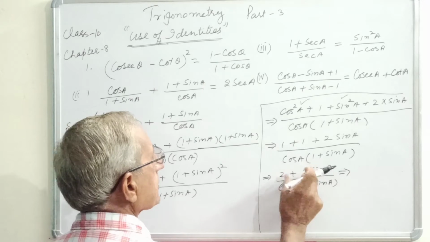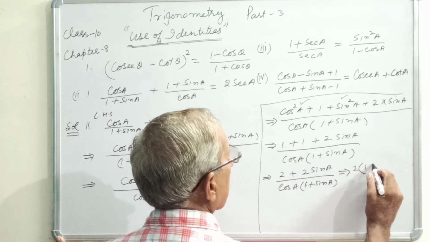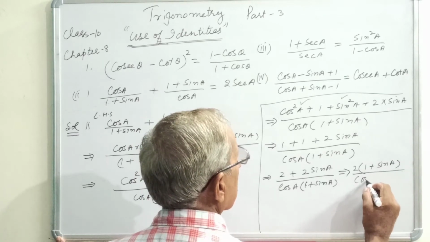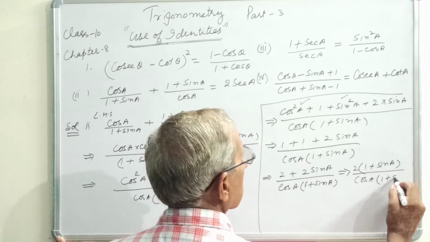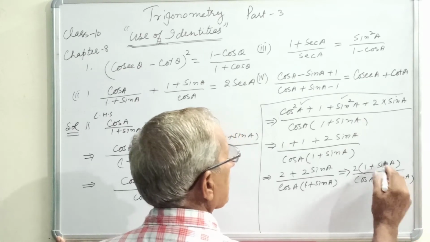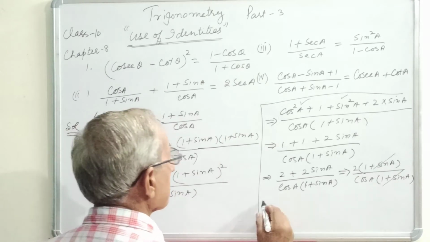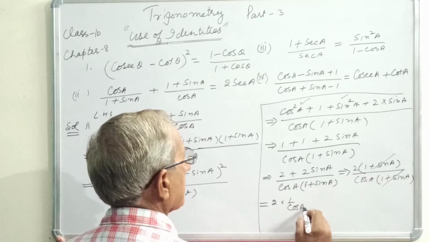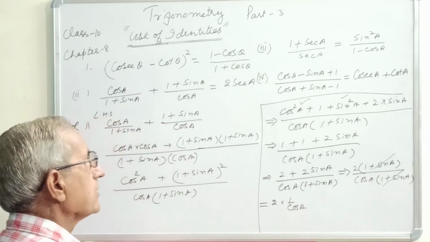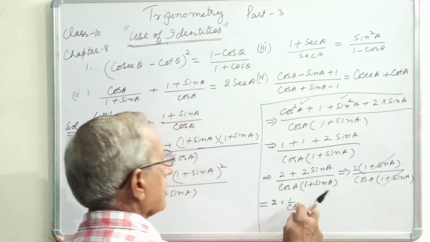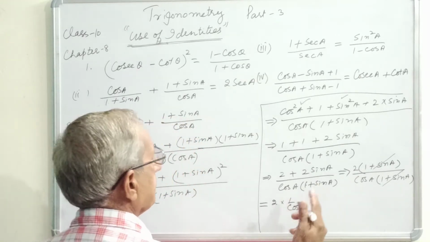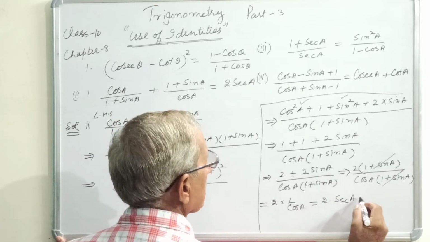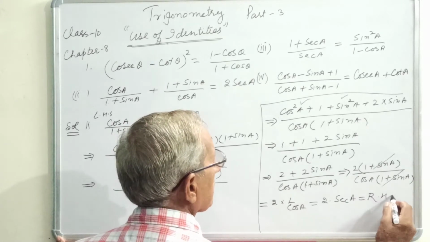So common factor for this is 2. So 2 into (1 plus sin A) upon cos A into (1 plus sin A). So cancel this common part, so that we have got 2 upon cos A. And you know, it is the inverse of secant A. So that is 2 into secant A. And that was the right hand side.